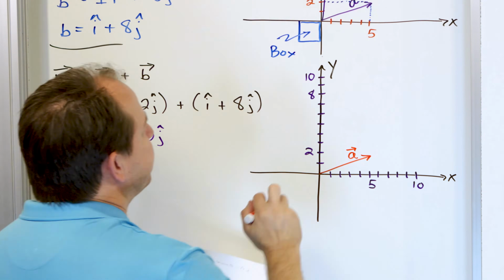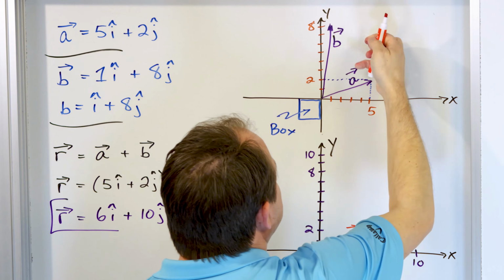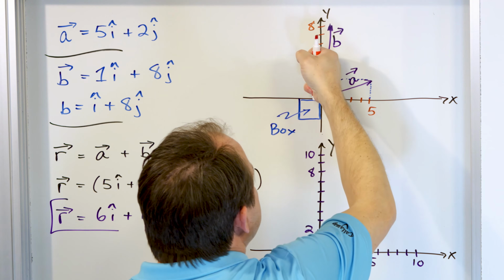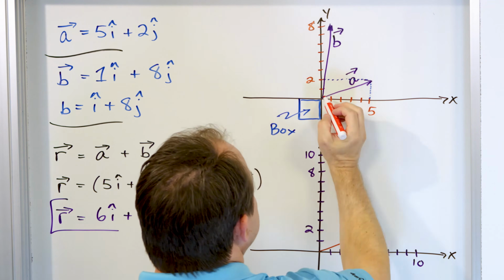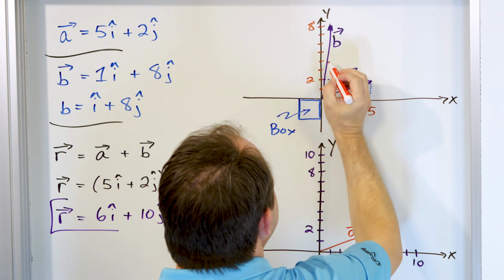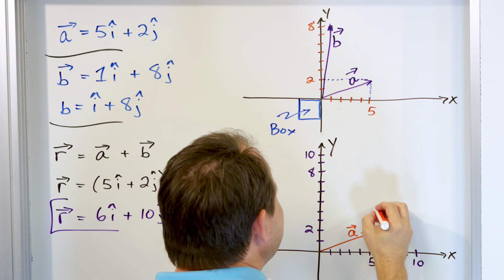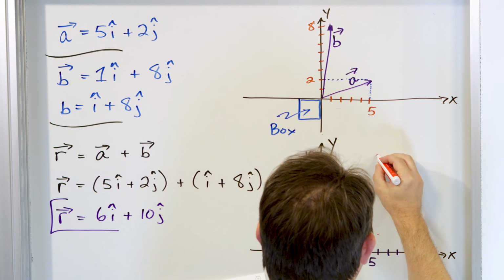What would we do for vector B? Well, in order to add them, we have to put them head to tail. So I have to grab vector B and move it over here. But notice to put the tail over here, I actually have to bring it here, but I have to shift it up also. So what's going to happen is, notice from here, I go 1 up and 8 over. So if I brought it here, I would have to go 1 over here and 8 up, and that would be coming up here to 10.